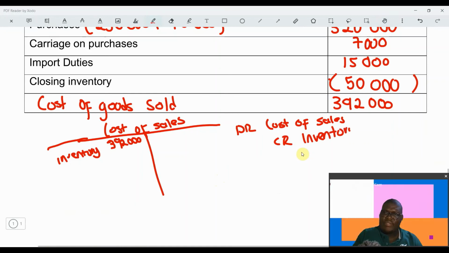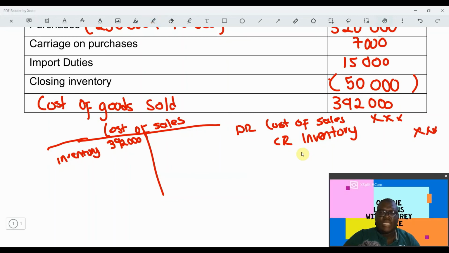The stock that you have in the storeroom gets reduced each time you sell. So that's why here we have cost of sales being debited, because cost of sales as an expense is increasing, and the inventory that you have in the storeroom is reduced. And we know that inventory is an asset, and inventory as an asset is reduced on the credit side, and cost of sales as an expense increases on the debit side. So which is why we have debited cost of sales.